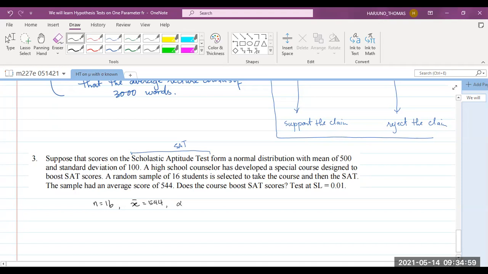The significance level is 0.01. The population standard deviation is known to be 100. Does the course boost SAT score? So does the course that these 16 students take boost the average to be higher than the claim 500?